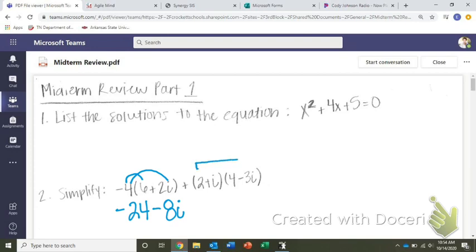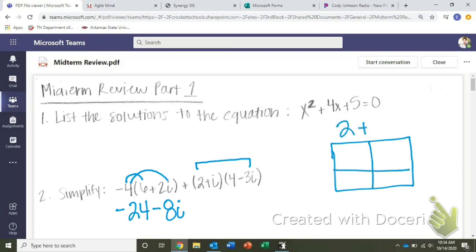Now, this right here, I'm going to bring over to the side. I'm going to use the box. Now, all I'm doing is writing all these terms on the inside.